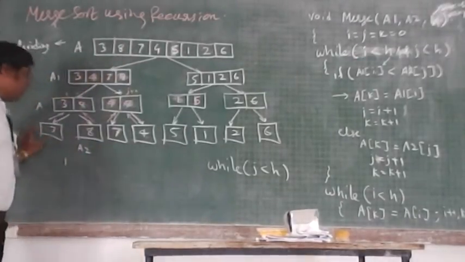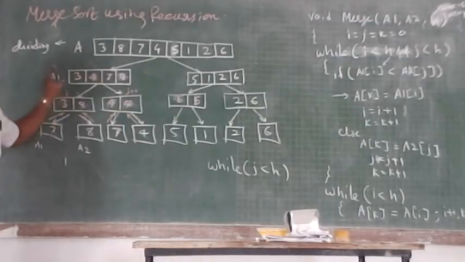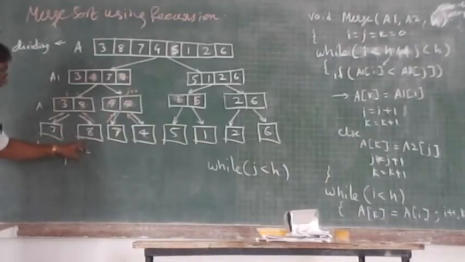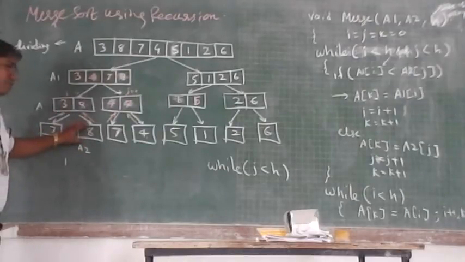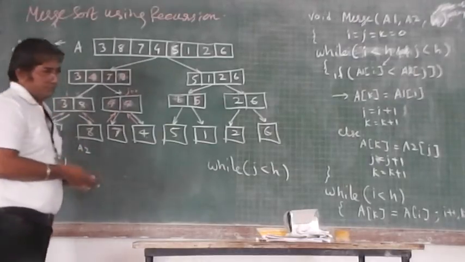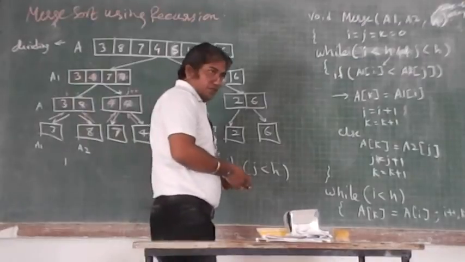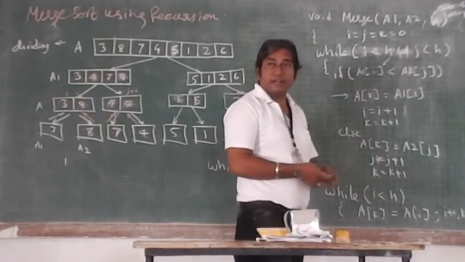Not all elements from the A1 array have been pushed into its parent array. If j is less than h, not all elements of the A2 array have been pushed into its parent array. Is it okay? Is it clear?